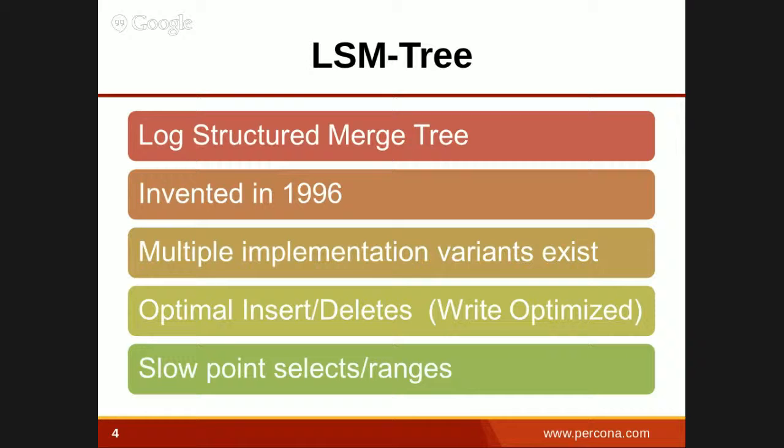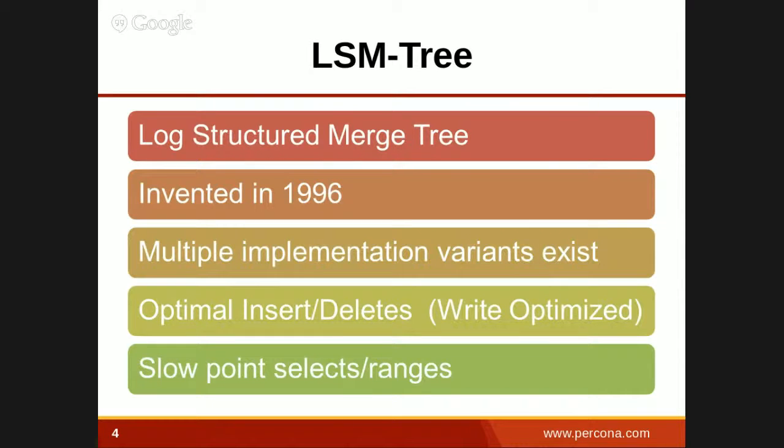Now, the other quite common data structure is log-structured merge trees. These were invented in 1996, so it is a much newer data structure, around for about 20 years now. Multiple implementations and variants exist.